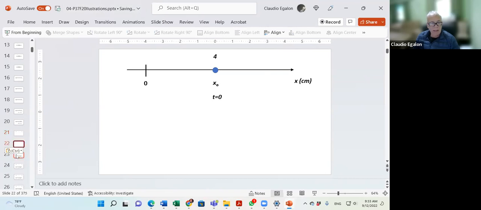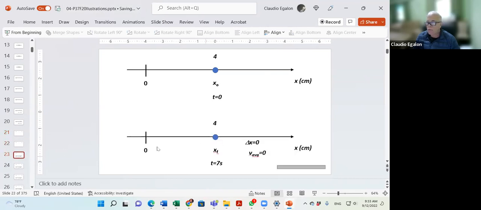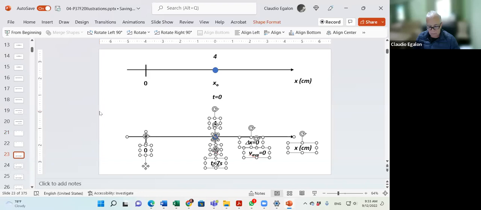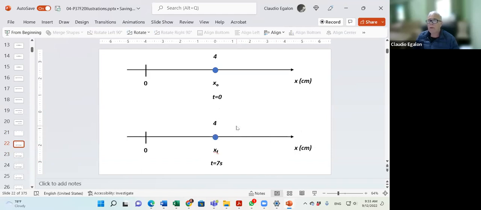In the next slide, the particle moves to this other position. It doesn't move, right? It stays at the same place at a different instant of time later on. t equal to 0, t equal to 7.